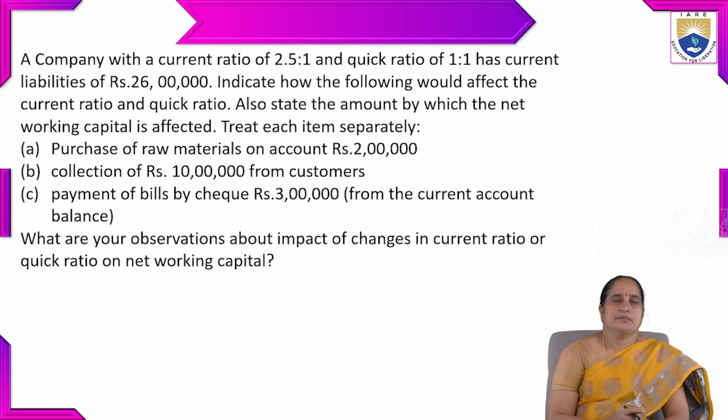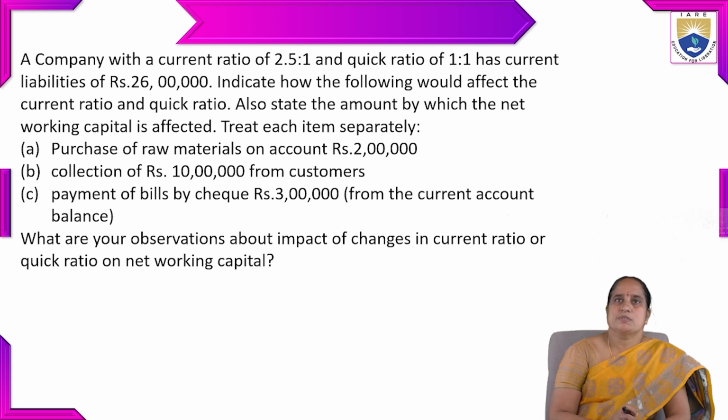Then take another example. A company with a current ratio of 2.5 is to 1 and quick ratio of 1 is to 1 has current liabilities of 26 lakhs. Indicate how the following would affect the current ratio and quick ratio, and also state the amount by which net working capital is affected.